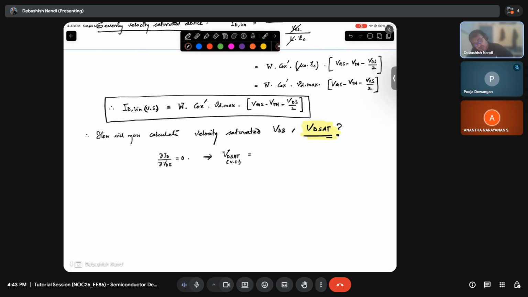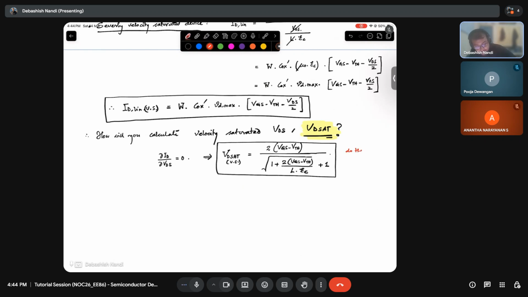Okay, and it will come out to be something like this divided by some factor. Okay, do this derivation.